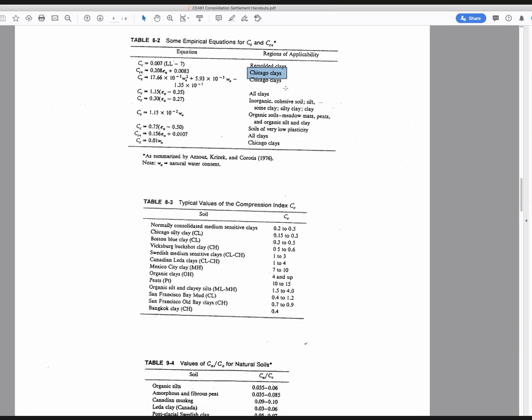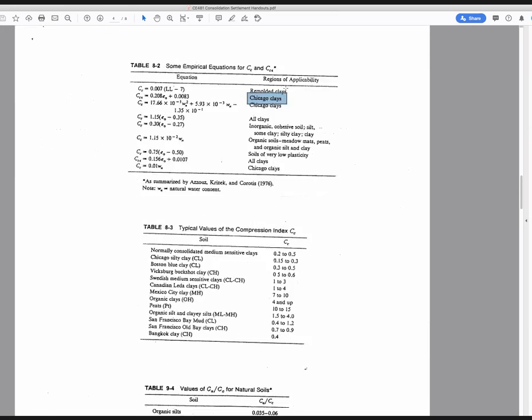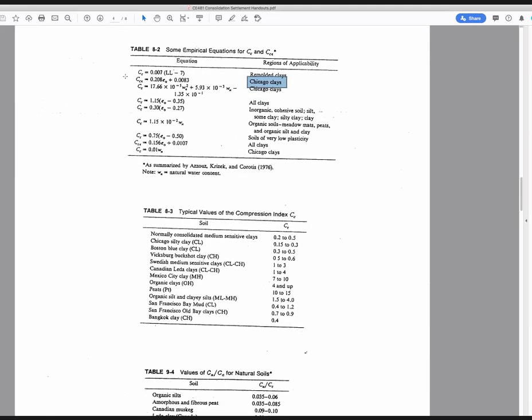Mind you, you can apply them outside of those soils if you know you have similar conditions, but they are limited somewhat for inorganic soils, or down here we have some for organic and so on. But you see that they are related to plasticity characteristics, void ratio characteristics, water content, and so on.